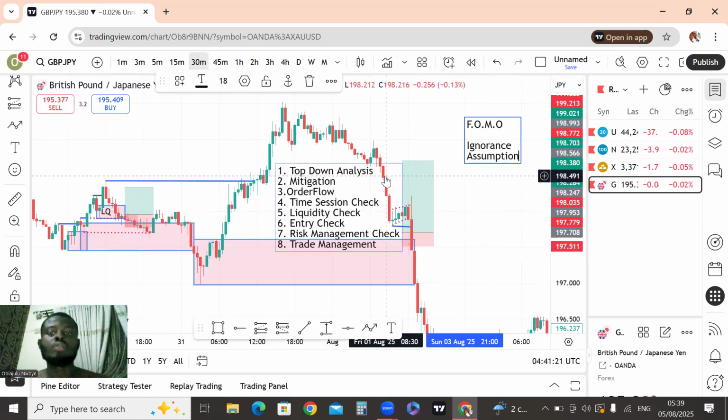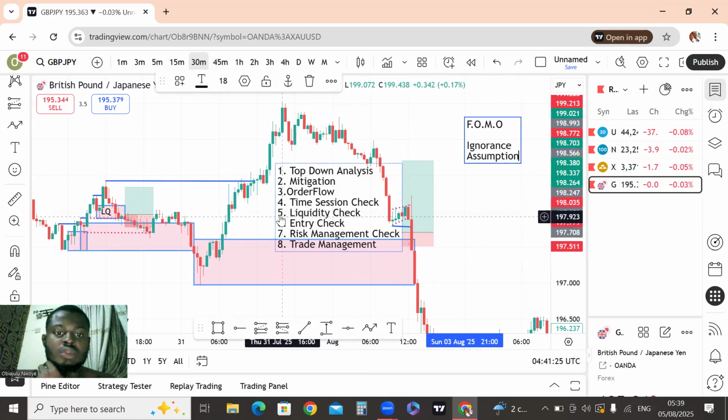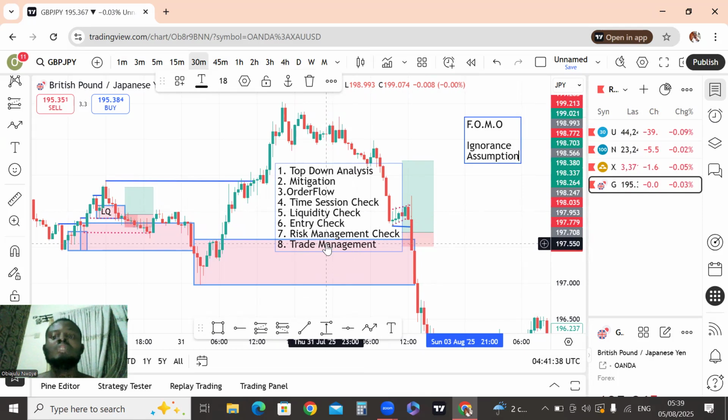You ignore your checklist. This is my checklist. The main work in my checklist is number 5 and 6. If I can get number 5 and 6, these other ones are simple. My trade management is also important, like number 5, number 6, number 8. This 5, 6, 8 is the main thing.